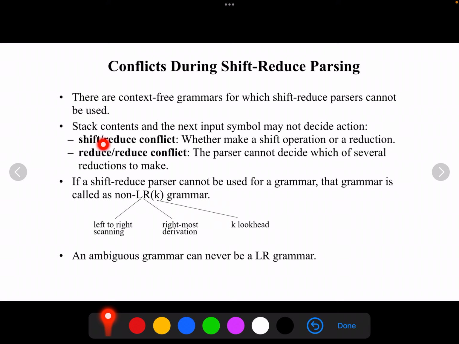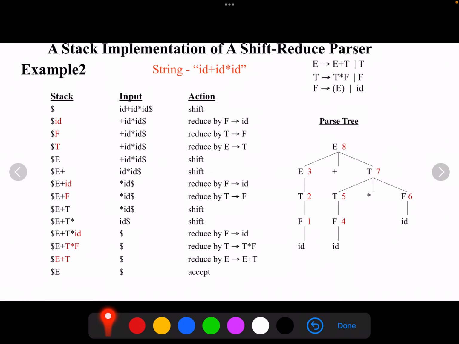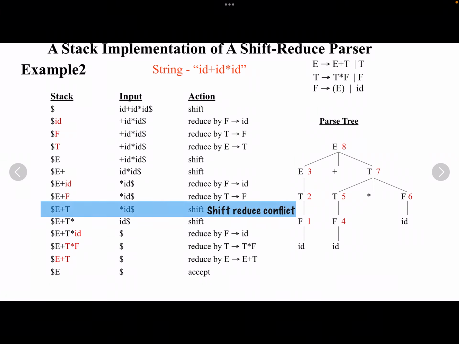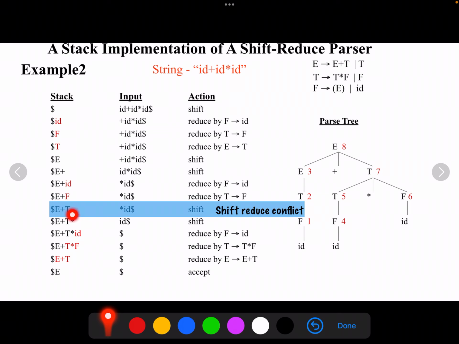So to understand shift reduce conflict, we can just move back to the previous example which I explained in the previous video. Here you have already gone through all these processes and understood how it is done, but you can also notice that there is a place where E plus T is the stack symbol and star ID dollar is your input, and we performed the shift action, that is, star has been moved to the stack.